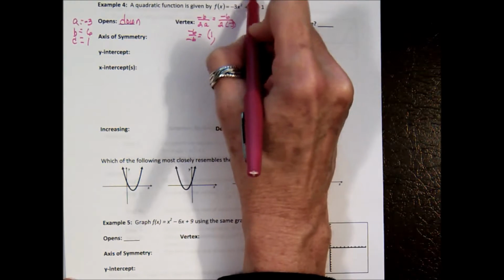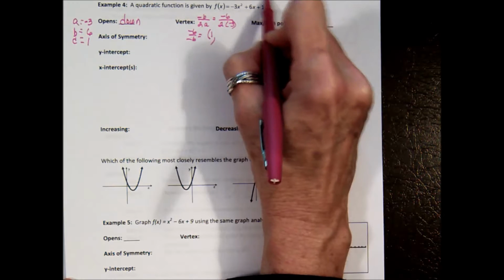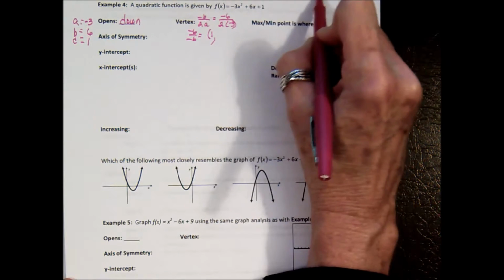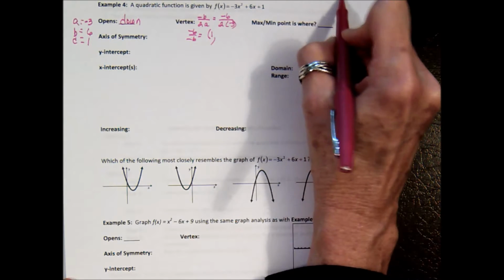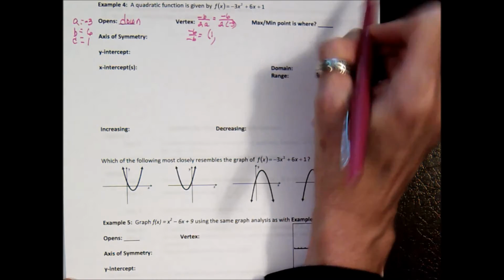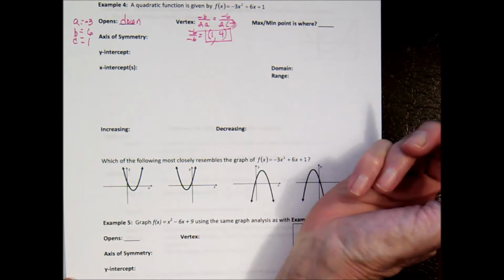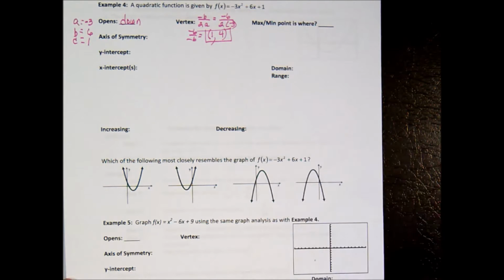Negative 3, take out the x, put in the 1, plus 6, take out the x, put in the 1. That gives me negative 3 plus 6 plus 1, or 4. So my vertex point is the point 1, 4. And somehow our graph seems to be missing from this page.